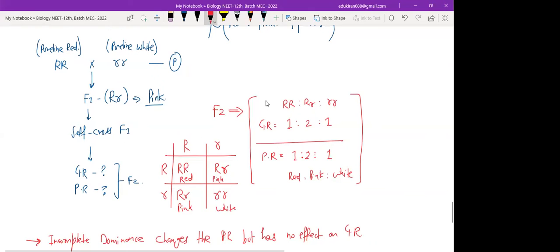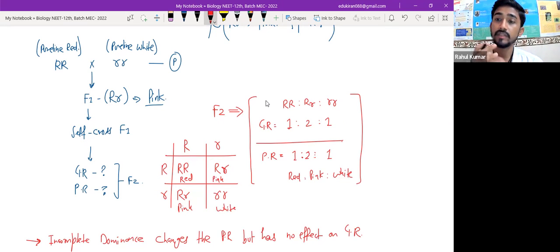Sir, in incomplete dominance, will the genotypic ratio be always equal to the phenotypic ratio? It depends if you are studying incomplete dominance with 1 gene inheritance or 2 gene inheritance. In a 1 gene inheritance, it will always stay the same because you are talking about just 1 gene. Today, we will also talk about 2 gene interaction, dihybrid crosses.